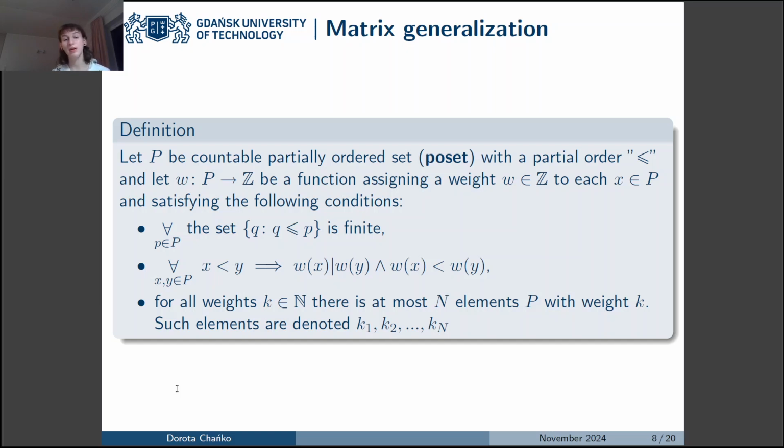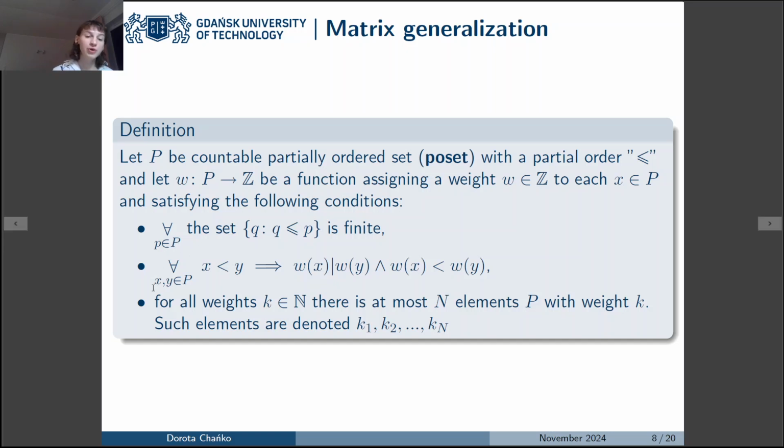So let P be a countable partially ordered set, poset, with a partial order that looks like this. And let W be the function from our poset P to the set of integers that assigns integer weights to each element of our poset P, and our function W must satisfy the following conditions: for every element p of P, the set of elements that are less or equal to p is finite.